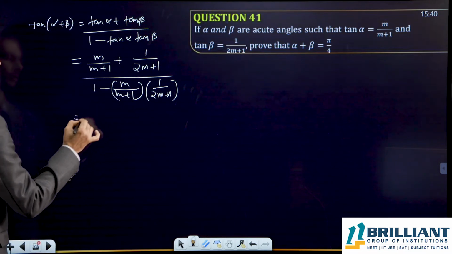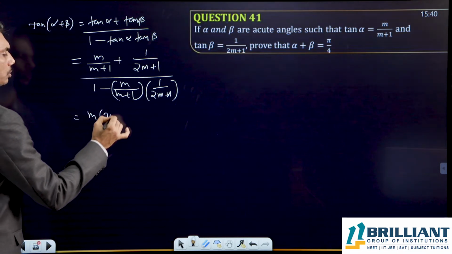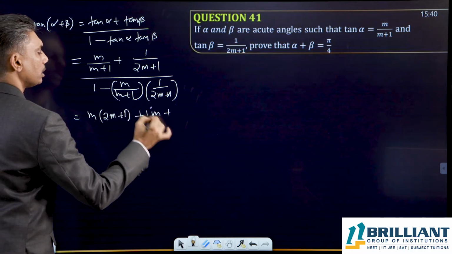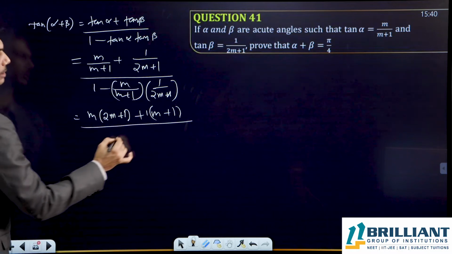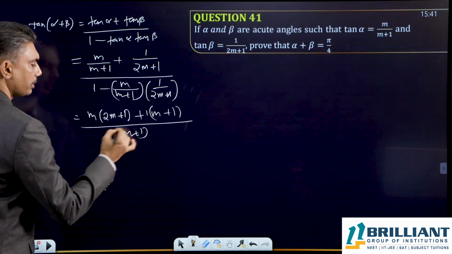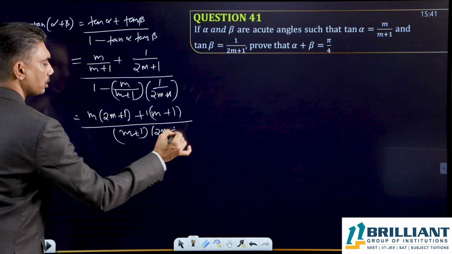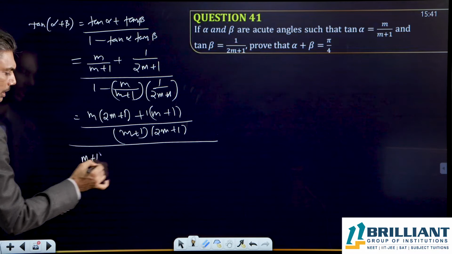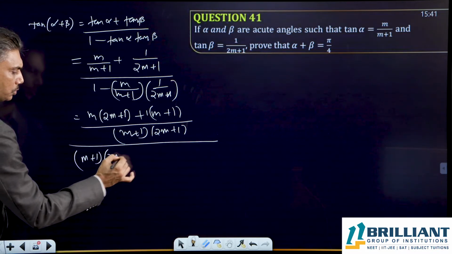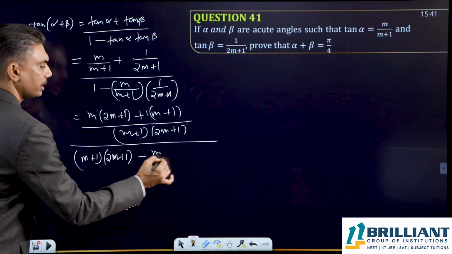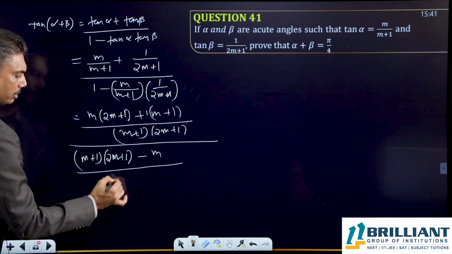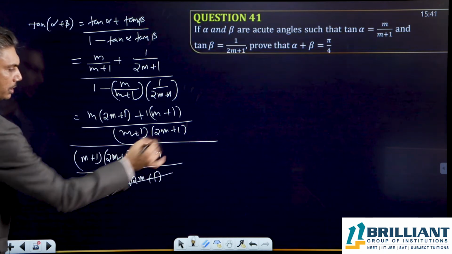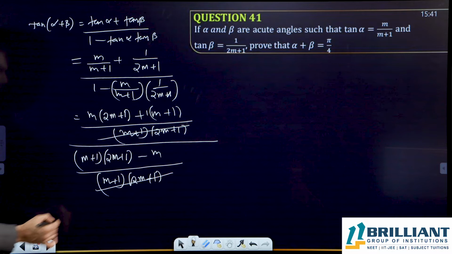Now, simplify, that is m into 2m plus 1 plus 1 into m plus 1 by m plus 1 into 2m plus 1 by m plus 1 into 2m plus 1 minus m by m plus 1 into 2m plus 1. Get cancel.